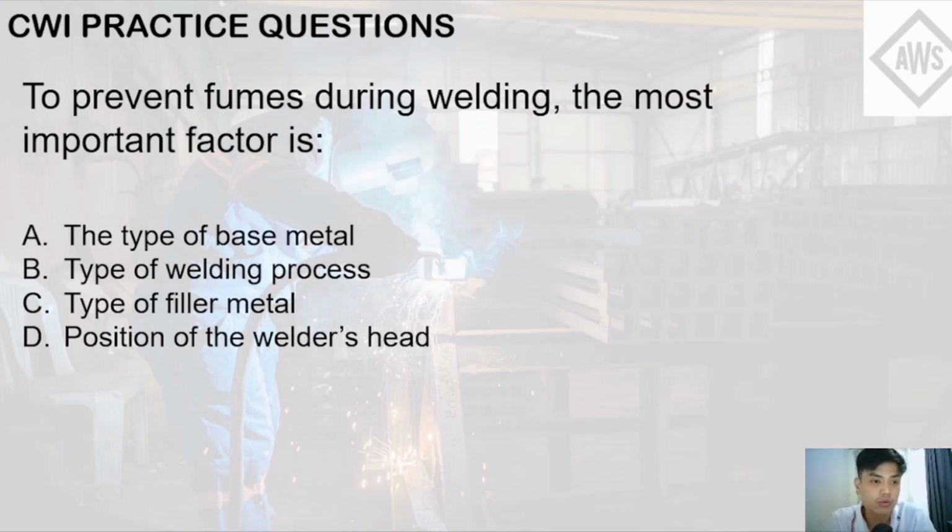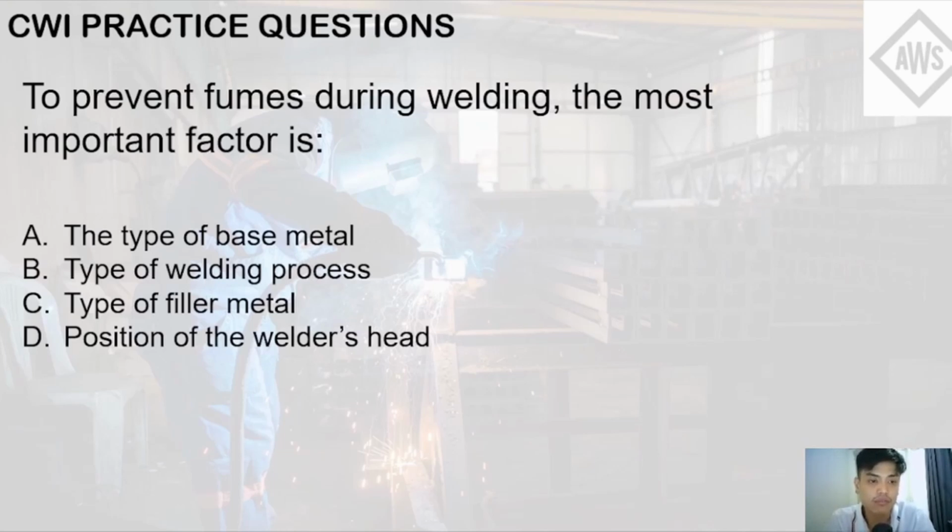So letter A, the type of base metal. Different base metals have different production of fumes. Letter B, the type of welding process. It differs because of the different filler metals used, different base metals, the flux used for that specific filler metal, and the duty cycle used in the welding machine. So it differs depending upon the welding process.